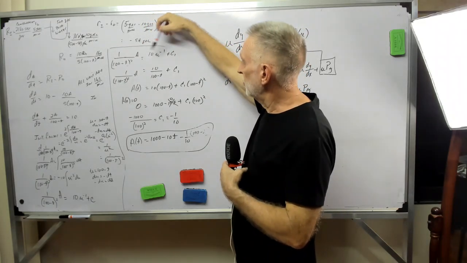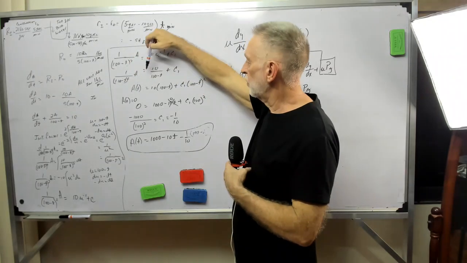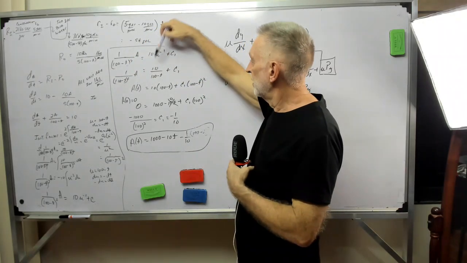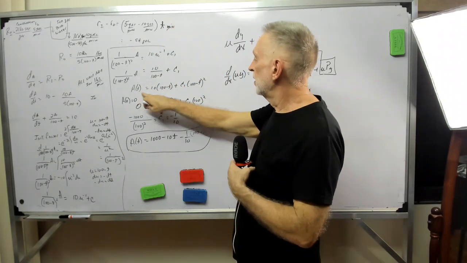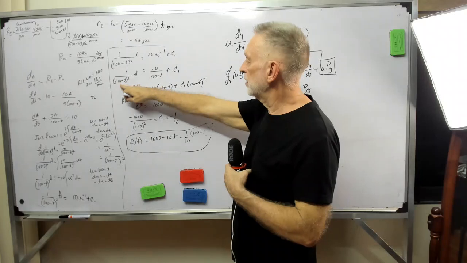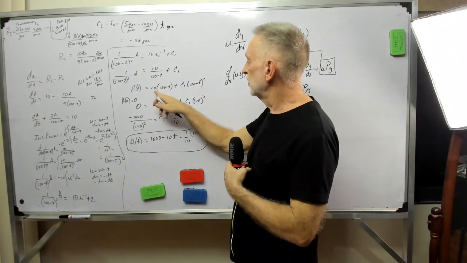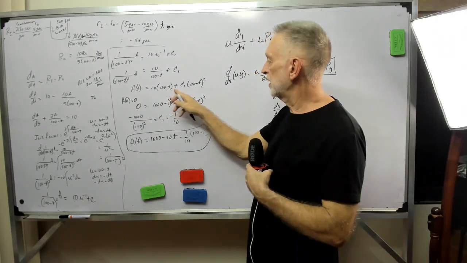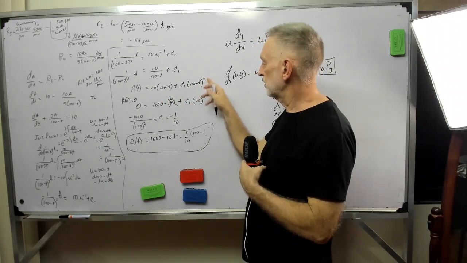All right, so we have 1 divided by (100 minus t) squared times A equals 10 over 100 minus t plus c1. Now multiply then all the way through by (100 minus t) squared. So it gives me A equals 10 times (100 minus t) plus c1 times (100 minus t) squared.